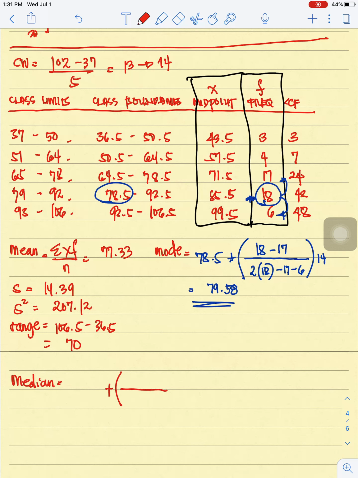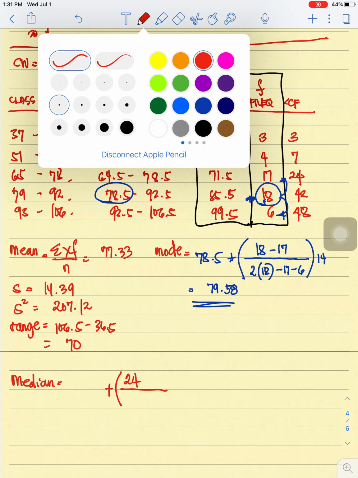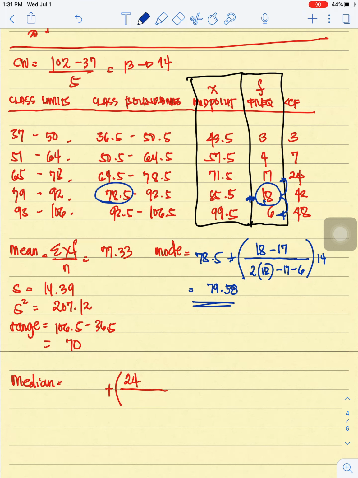For the median, that is of course n over 2. Since our n is 48, divided by 2 it gives us 24. For 24, you need to locate this in the less than cumulative frequency.